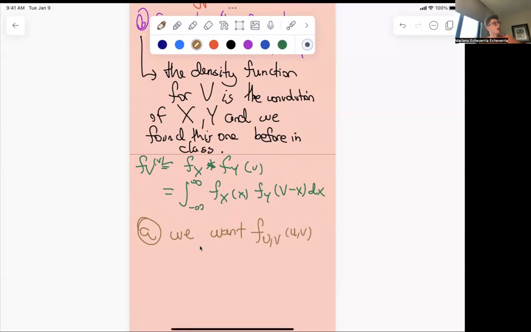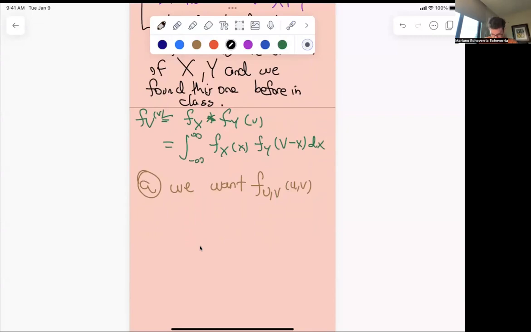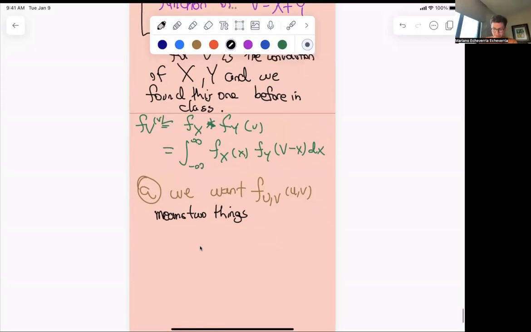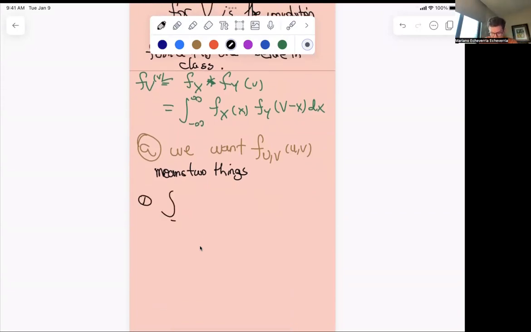So remember what that means: a joint density function means two things. First, any density has to integrate to one when you integrate it over all potential values. That first condition is kind of a given.